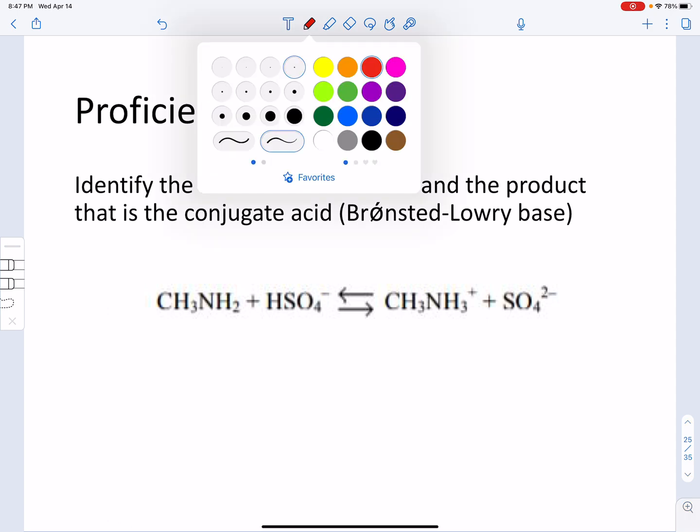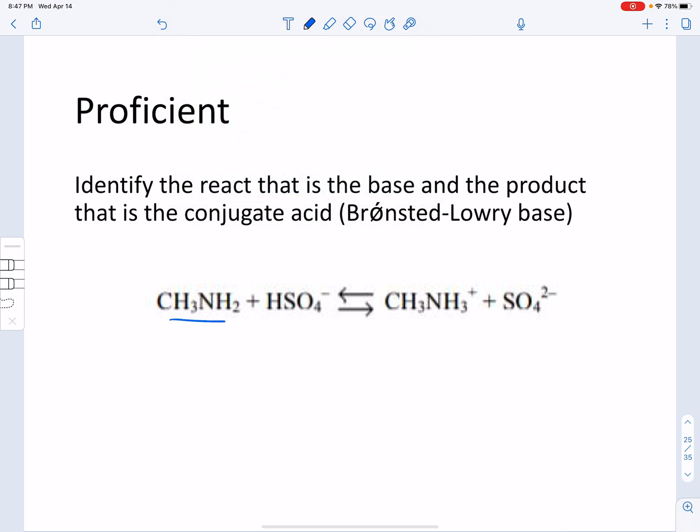Identify the reactant that is the base and the product that is the conjugate acid. We're going to go back to blue, take a look at this substance, and then compare it to what it becomes afterwards. This is similar to the last video. We have NH2 here, but we become NH3. We have a hydrogen here, and then we have no hydrogen. So we're obviously moving this hydrogen in this direction.